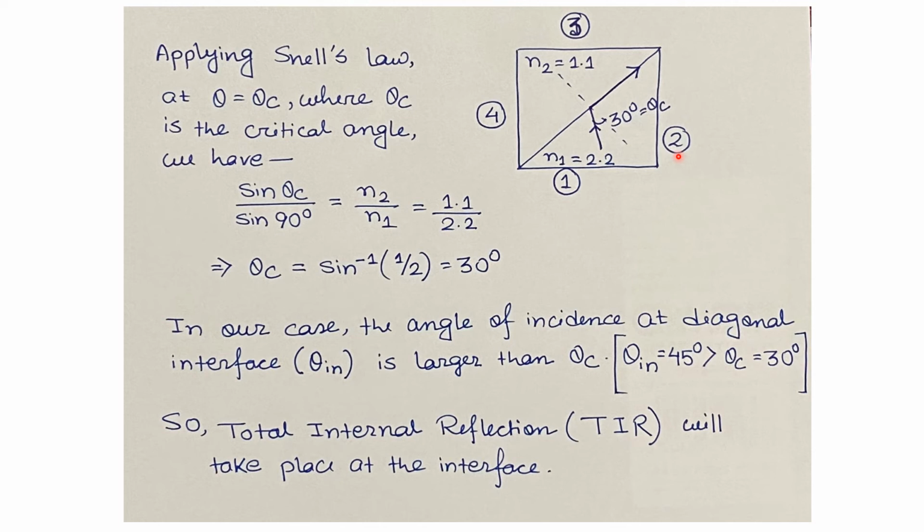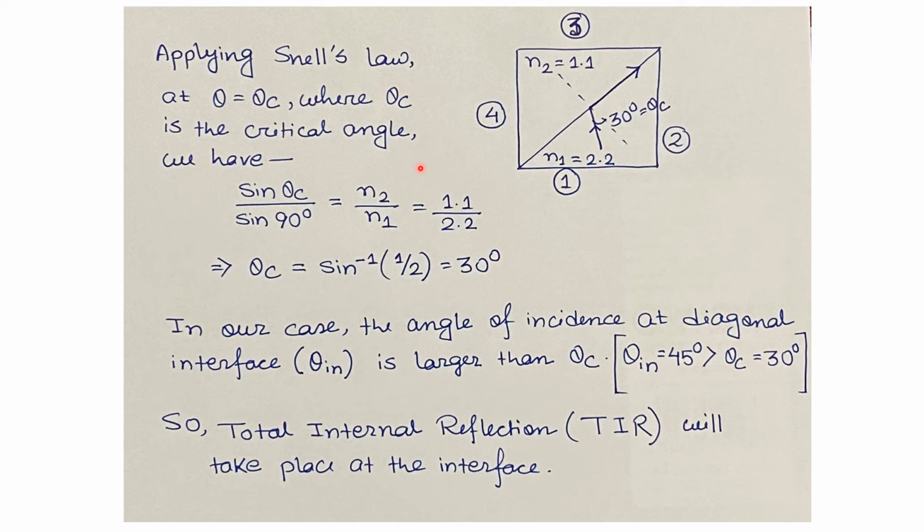Now, in case of total internal reflection from an interface, if the EM wave is incident on the interface at an angle equal to the critical angle theta c, then after reflection, the EM wave will travel along this interface. So the reflection angle is 90 degrees. To find this critical angle, we'll use Snell's law.